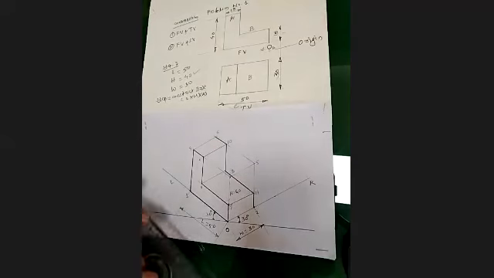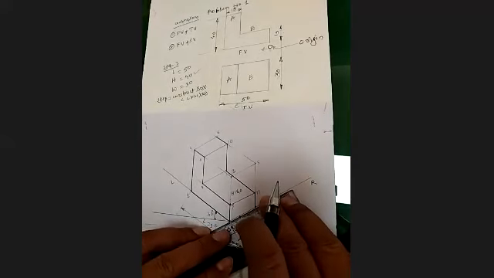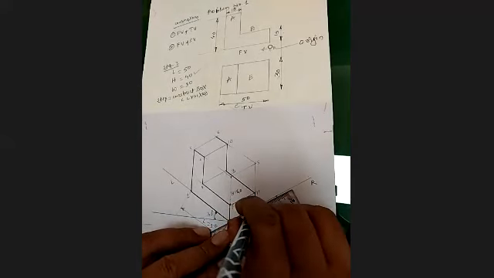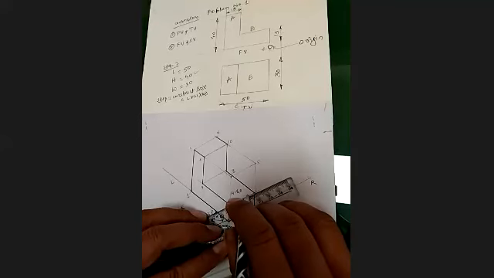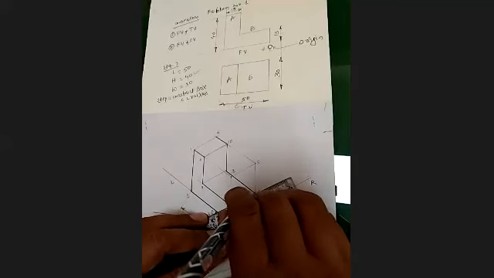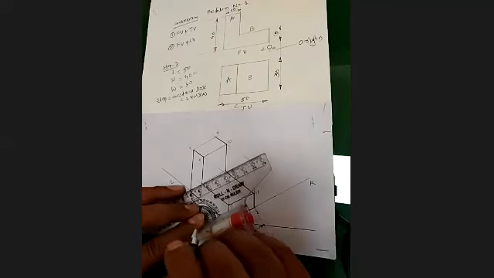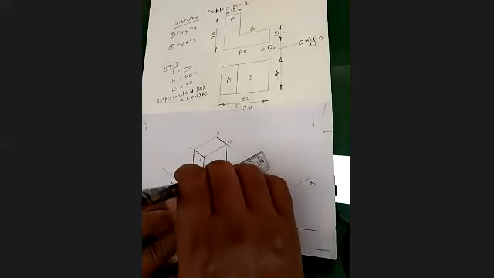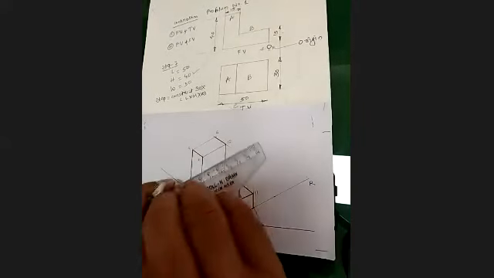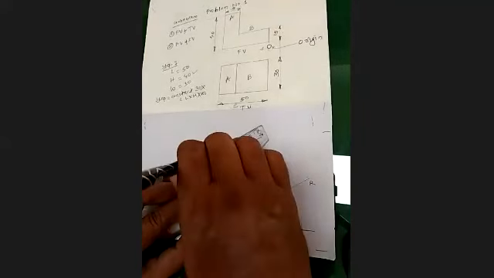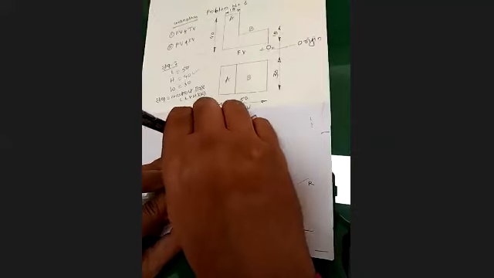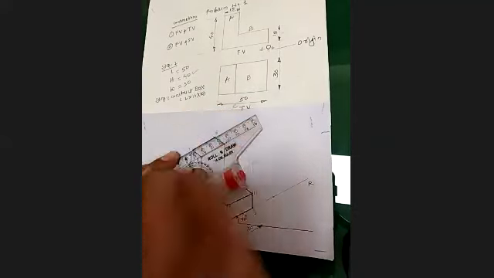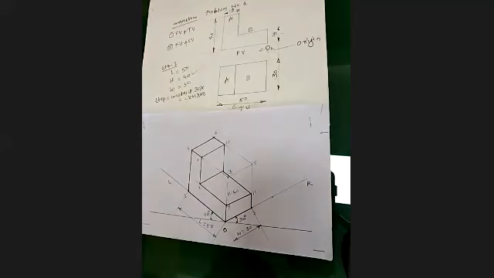Then this bottom edge is visible. I will make it dark. Even this edge, this is the step of 15 mm height, is visible. Right. So this is nothing but your final answer. Okay.